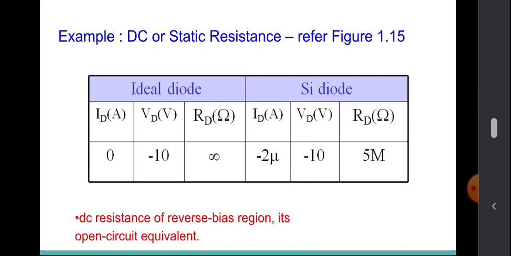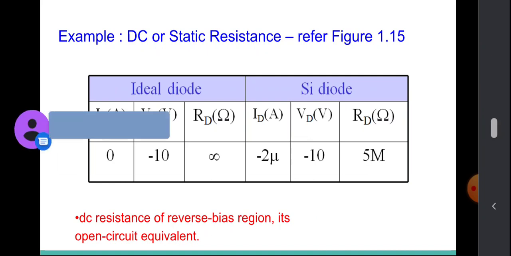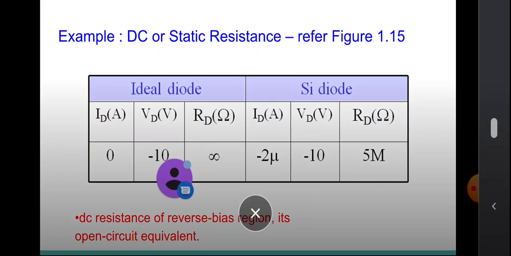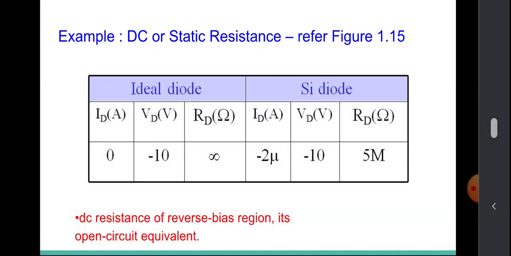But in the silicon diode, when the voltage is negative 10 volts, the current is negative 2 microampere, and the resistance is 5 mega ohm. So big letter M means mega, 5 mega ohms.